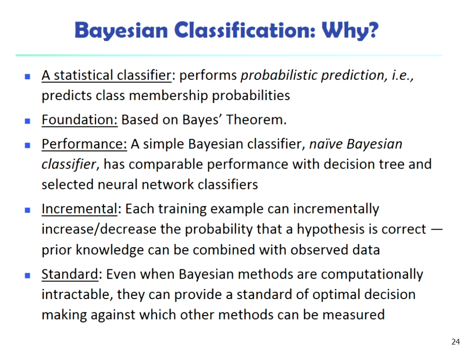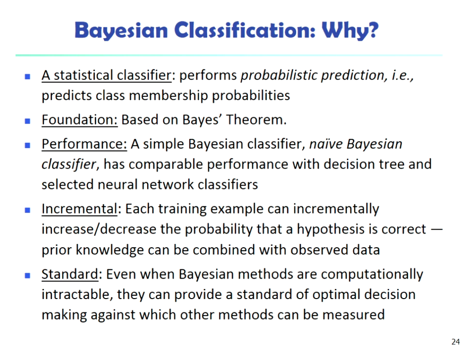And as a standard, even when Bayesian methods are computationally intractable, they can provide a standard of optimal decision making against which other methods can be measured. So here we will use probability to predict the class of a tuple.